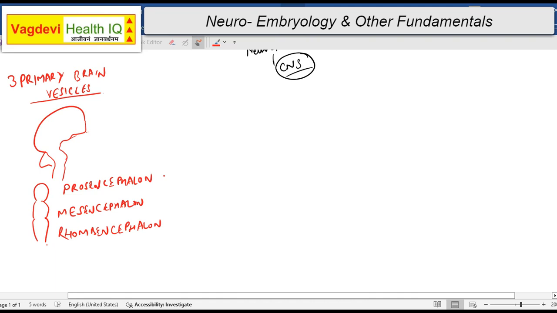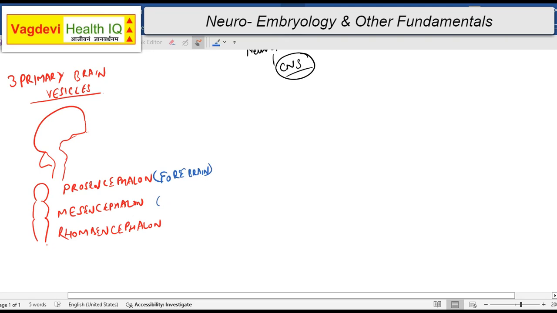Prosencephalon. This is the forebrain. How will you remember forebrain? It means the front part of the brain, forebrain. Mesencephalon, you could remember like a meso compound. I don't know whether you remember in chemistry, a meso compound is something like a mirror.